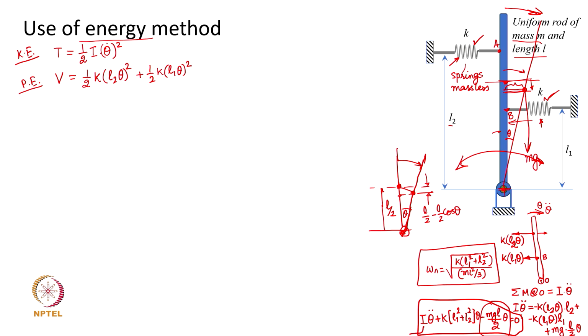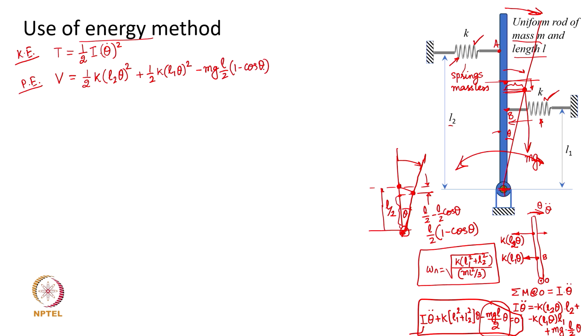So, this distance is going to be L by 2 cos theta, and the drop in the position is going to be L by 2 into 1 minus cos theta. So, the drop here is minus mg L by 2 into 1 minus cos theta.